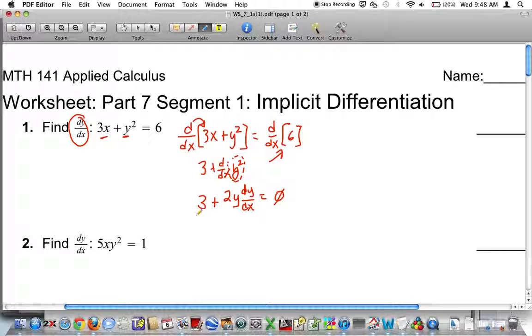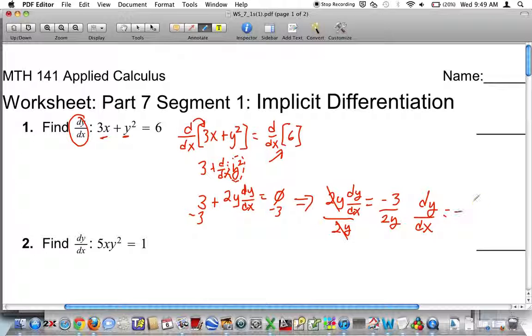So you just subtract 3 from both sides, minus 3, and that gives you 2y dy dx is equal to negative 3, and you can just divide both sides by 2y, these cancel, and you get dy dx is equal to negative 3 over 2y.